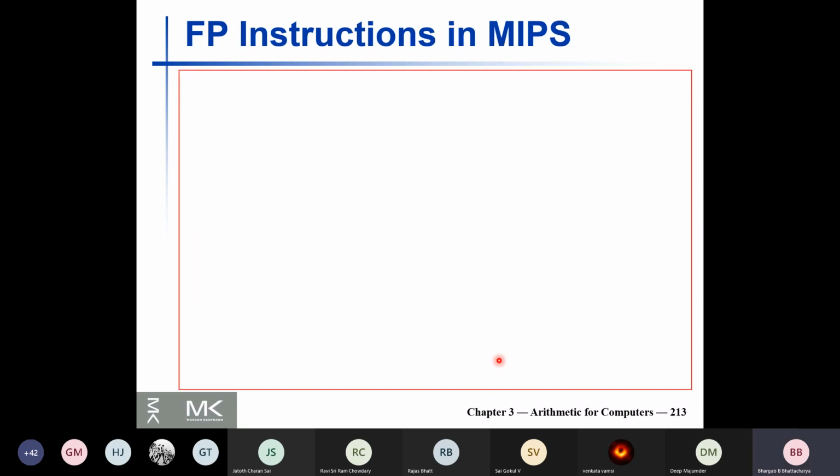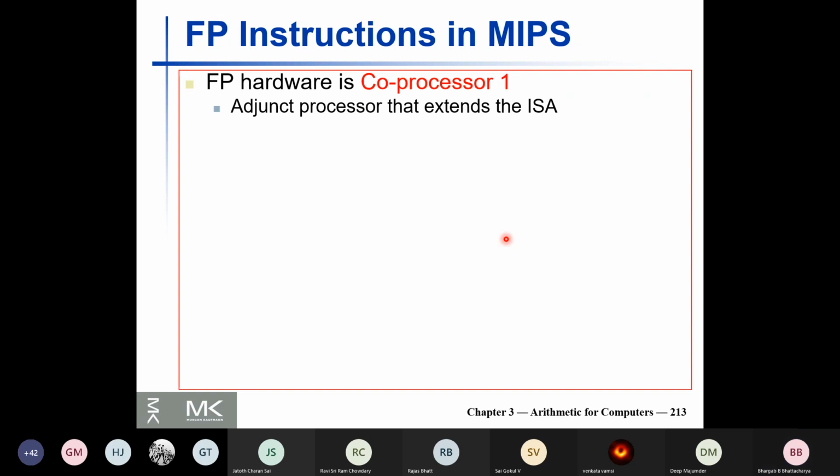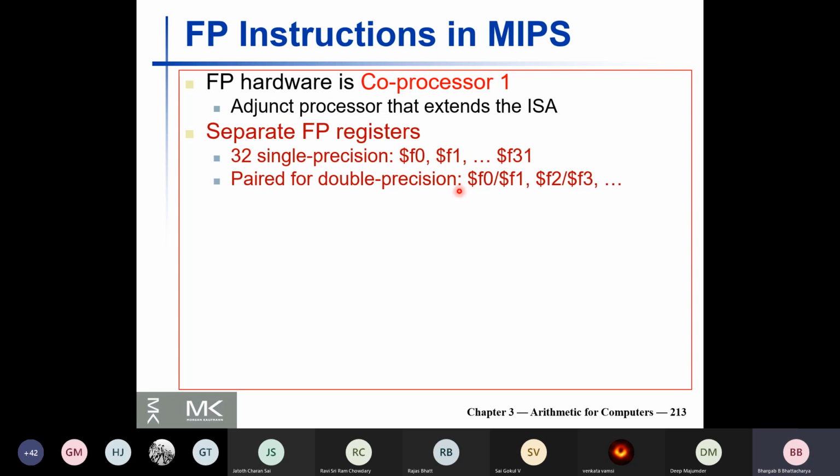And I think you have already written programs using floating point instructions in MIPS. The floating point hardware in MIPS is called coprocessor 1. This is an adjunct processor that augments the instruction set architecture. In MIPS, there are 32 separate floating point registers, single precision, and they can be paired for double precision.